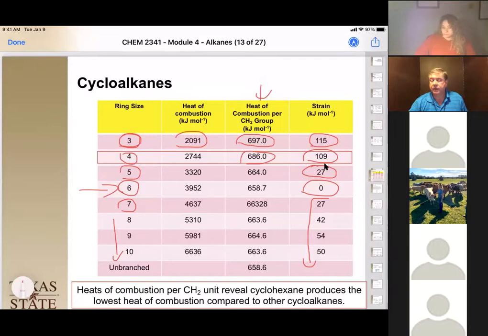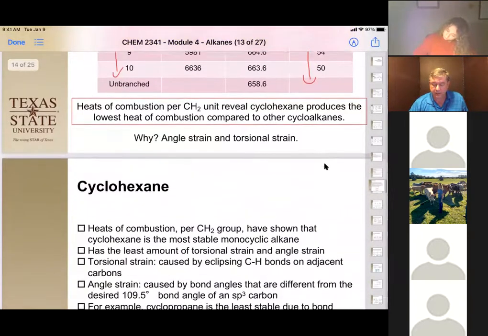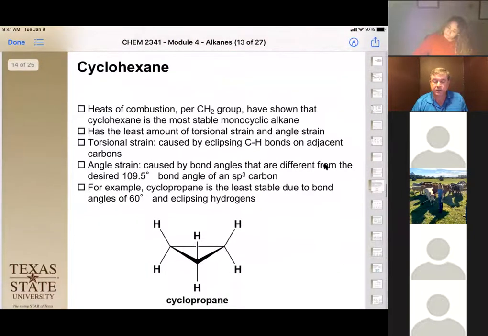And I think I have a couple drawings that I can show you. Okay, so cyclohexane is our great thing. So by heat of combustion, if we look at just the CH2s versus the heat liberated, it is our most stable alkane. It has the least amount of torsional strain and angle strain.